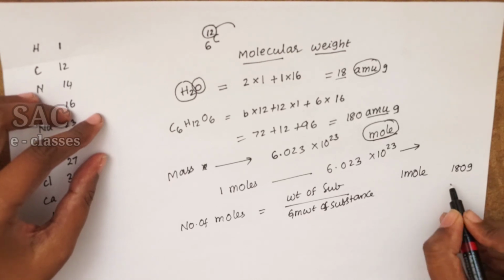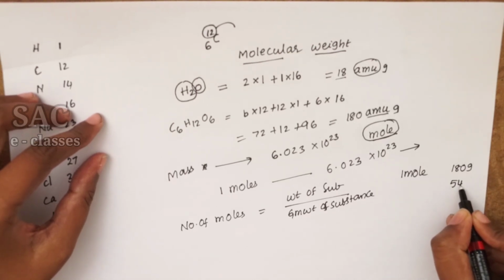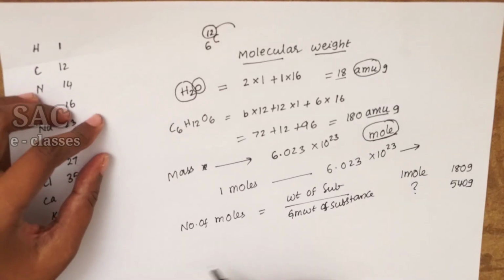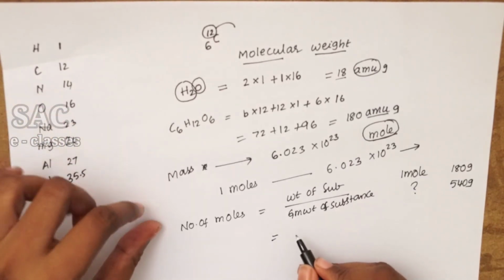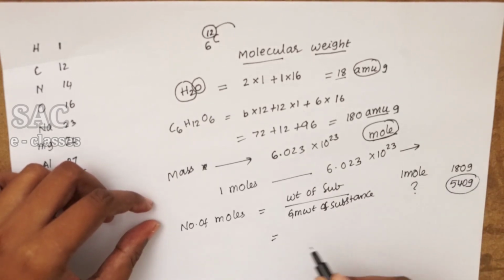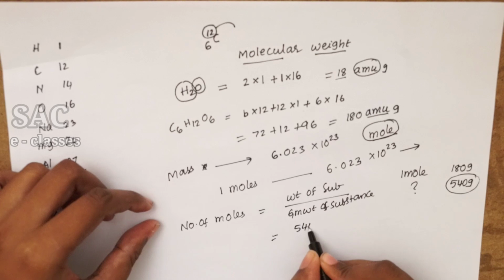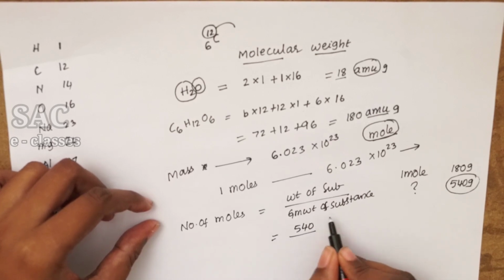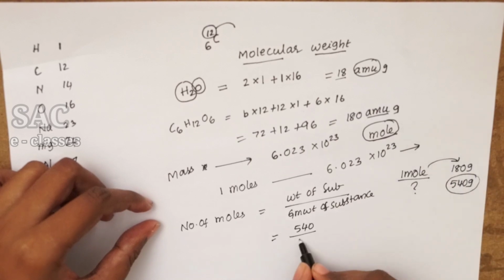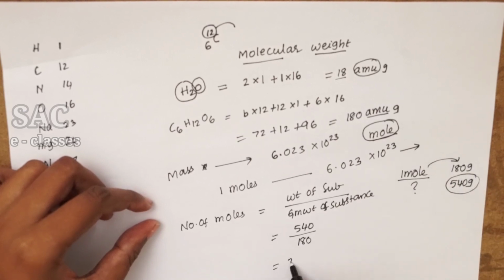Then maybe 540 grams of glucose is there. How many moles is that? That can be calculated with the help of the number of moles formula. What is the weight of the given glucose? 540. What is the gram molecular weight of the given substance? That means 1 mole of the substance is how much weight? 180. So clearly it is 3 moles.